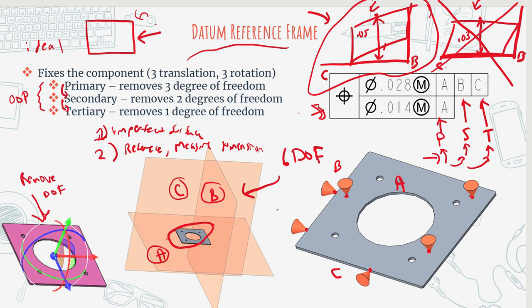Because you're removing 6 degrees of freedom, you only really need to fix your part at 6 points, as long as they're accordingly perpendicular to one another.